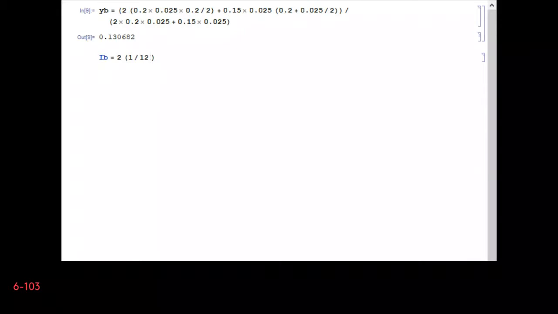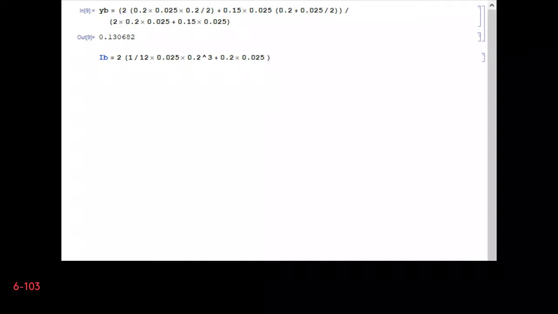T is 0.025, H is 0.2, cube of it, plus 0.2 multiplied by 0.025.